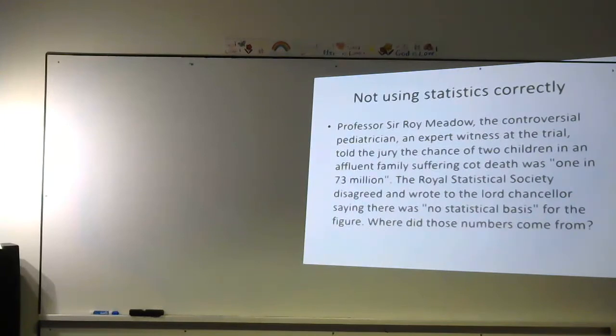I mean, it depends on what you're doing. And they have found statistically, genetically, there are health reasons why a family suffers a SIDS death, and it's more likely they will have a second. So it was a very tragic case, but it used statistics incorrectly with events that were not independent.